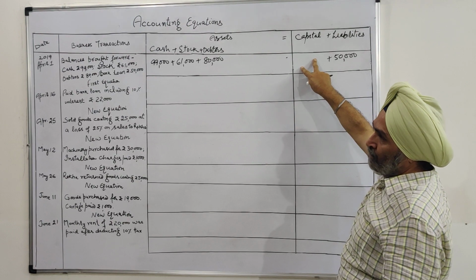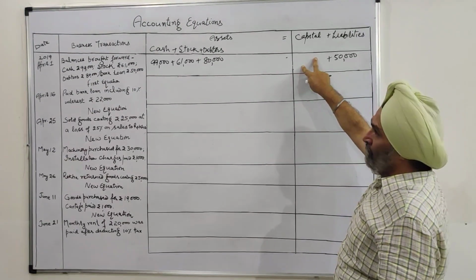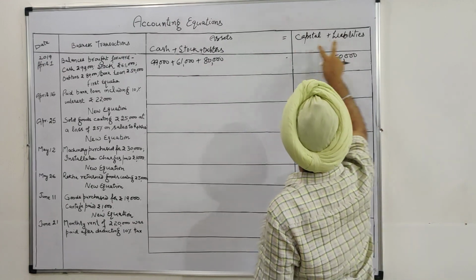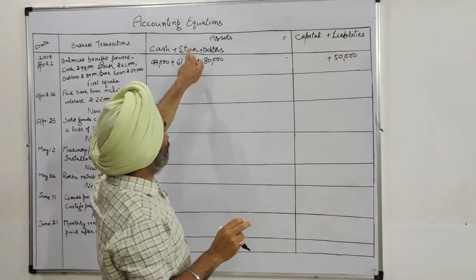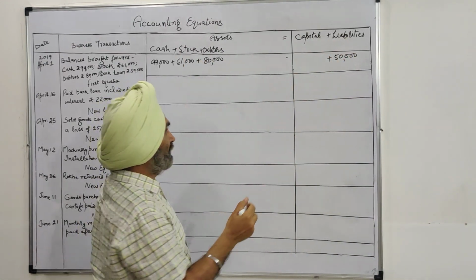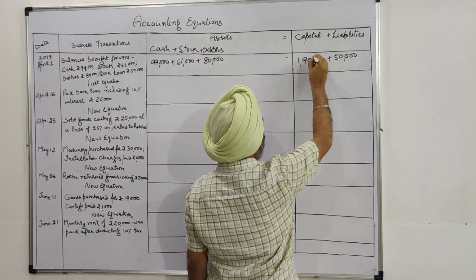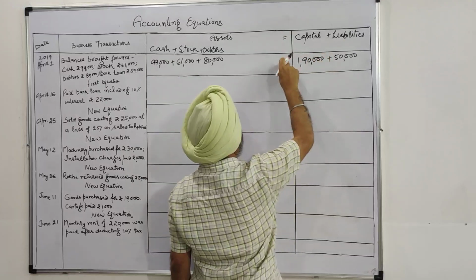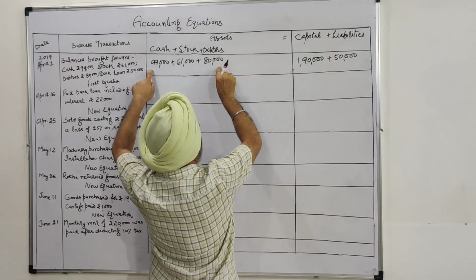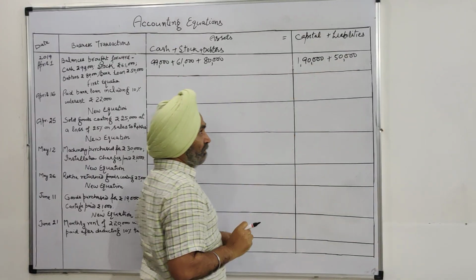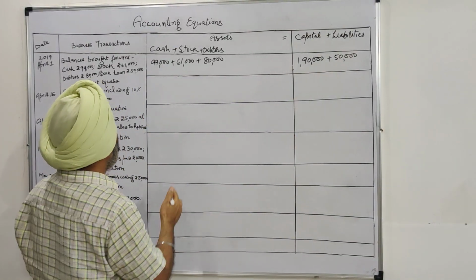Capital is not given to us, so capital will be the balancing figure. Assets minus liabilities will be our capital. So capital will be 1,90,000, assets 2,40,000 minus liability 50,000.